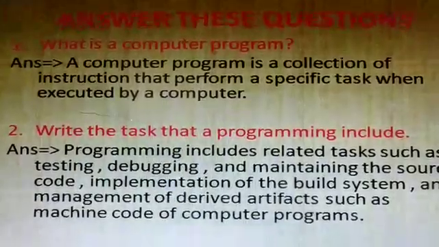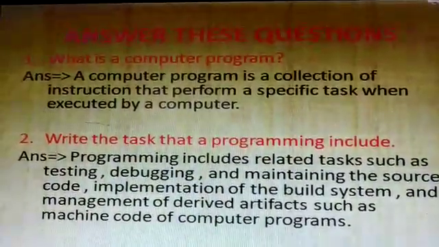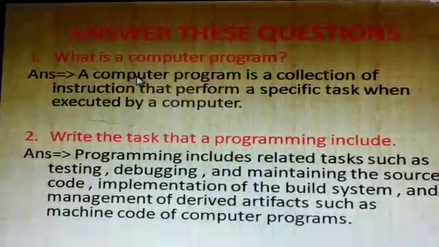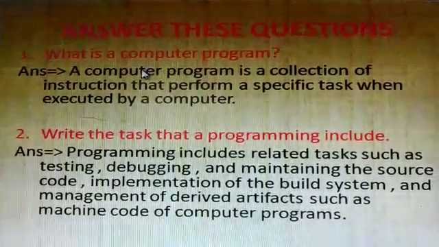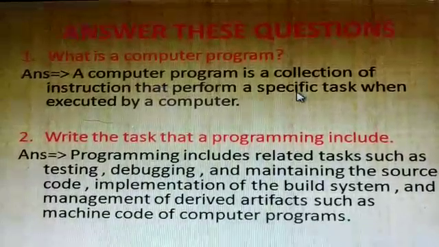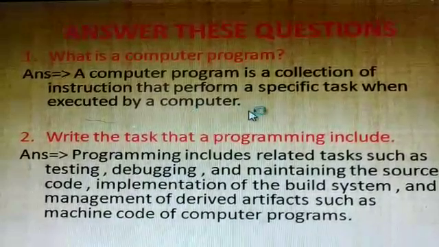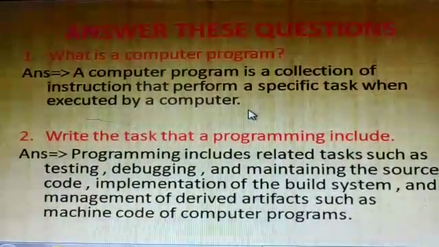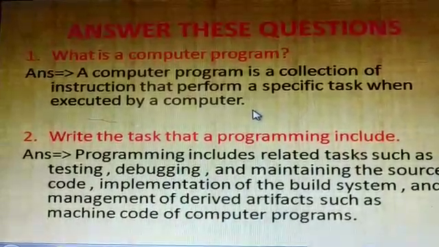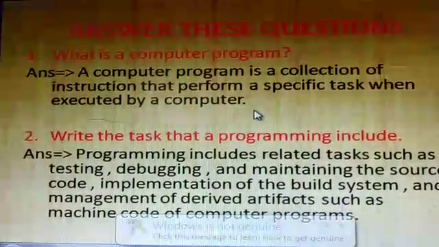Now students, come to the question and answer. Our first question is, what is a computer program? Answer: a computer program is a collection of instructions that perform a specific task when executed by a computer. Whatever work you are doing on your computer, from start till shutdown, is a program only.